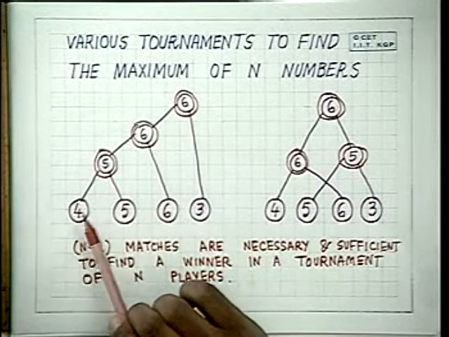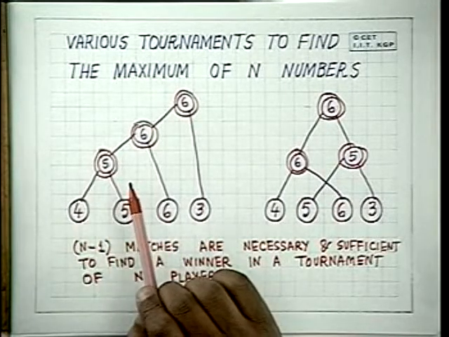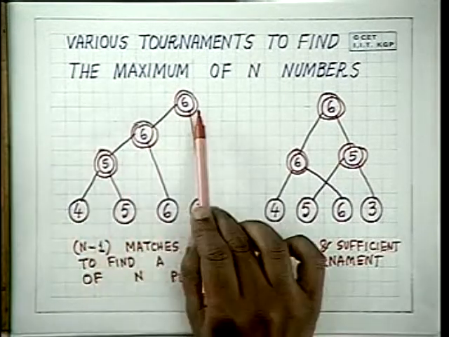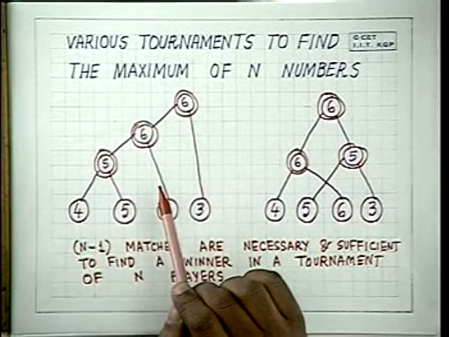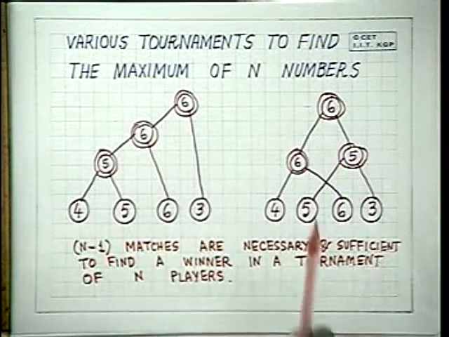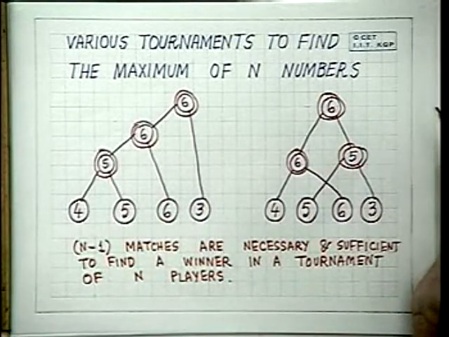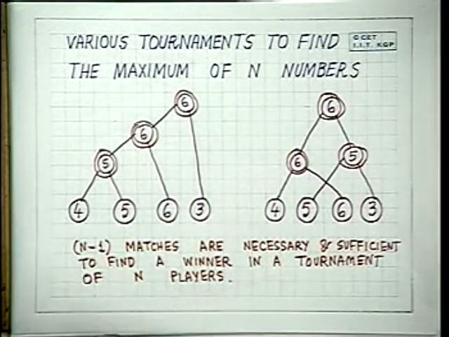But finding out the maximum of n numbers, we took the easy way out and we did it this way because it made programming easier and it was possibly the most efficient way in which you can find the maximum of n numbers because you just cannot reduce the number of steps.